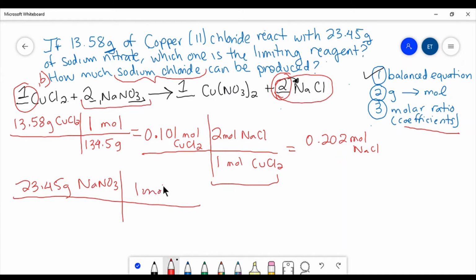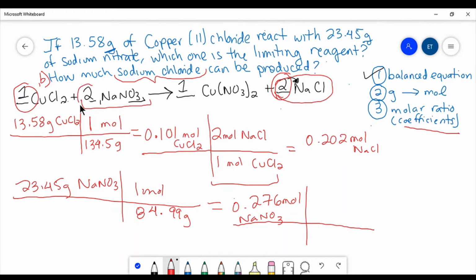We know that per every mole we have a mass of 84.99 grams. Okay, and this is going to give us a total of 0.276 moles of sodium nitrate. And now we're going to go to our molar ratio.